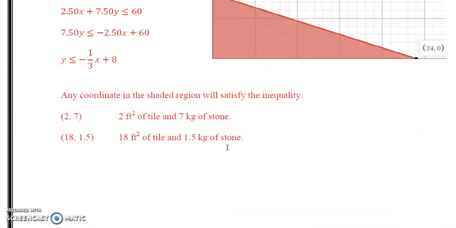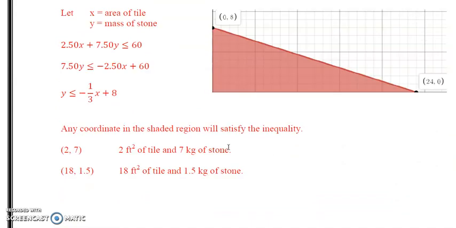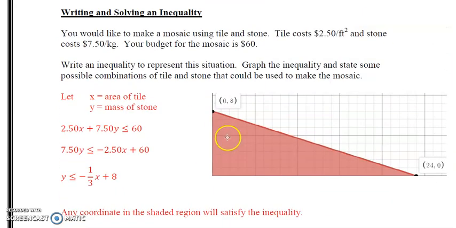And the last question here on section 9-1, it's a little word problem. It says you would like to make a mosaic using tile and stone, so that's just like a pattern. The tile costs $2.50 a square foot, and the stone costs $7.50 per kilogram.